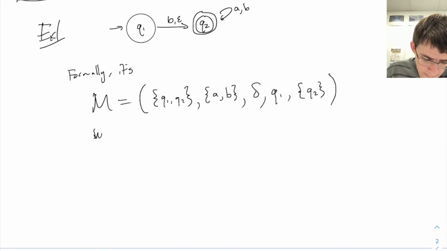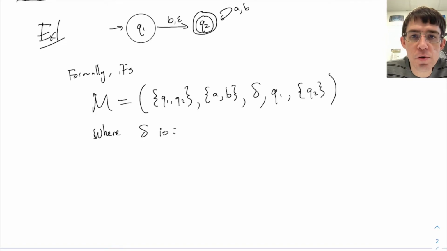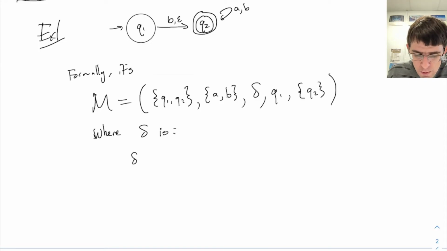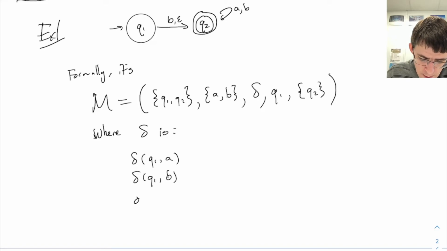Where delta is, and we just have to describe, write a big list of all the possible values of delta, and here's how we do it. So the first one would be if I'm in state Q1 and I do an A, then I could do Q1 and do a B, then I could do Q1 and do an epsilon.